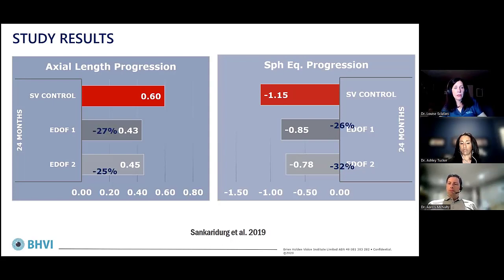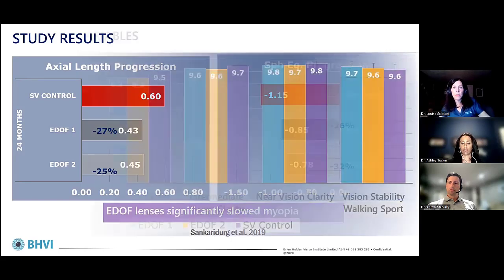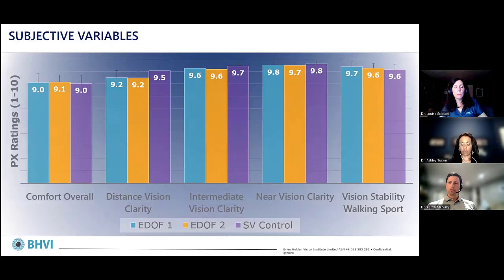If you look at the axial length progression, it showed 27 or 25% less progression of the axial length. So overall, pretty powerful evidence that this design can be successful in slowing myopia. Again, it's not approved in the United States for this purpose, but it is approved overseas with the same design.